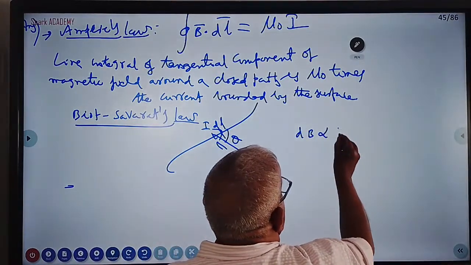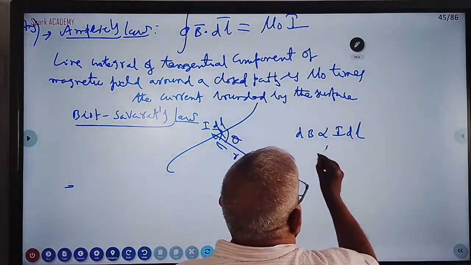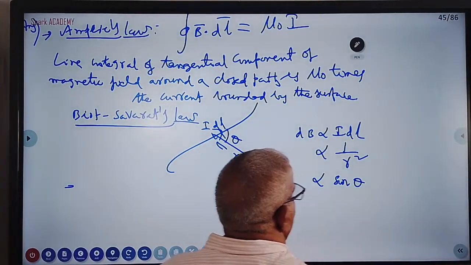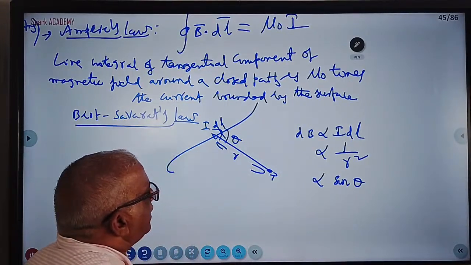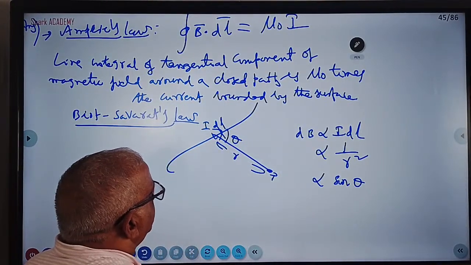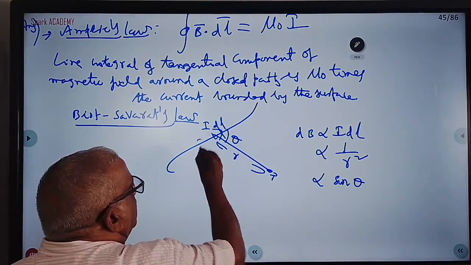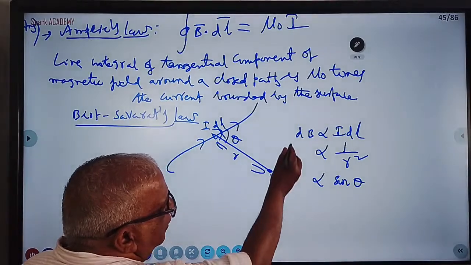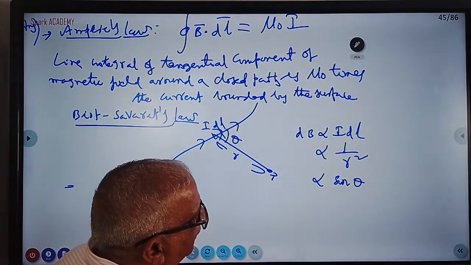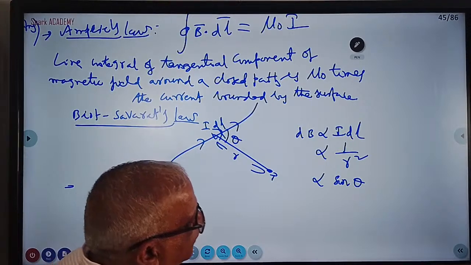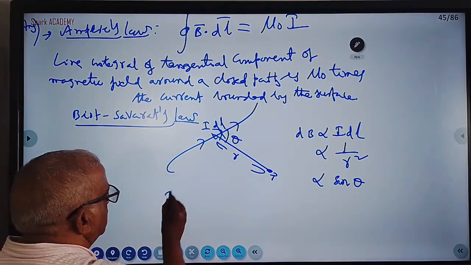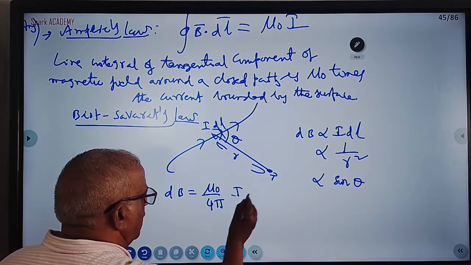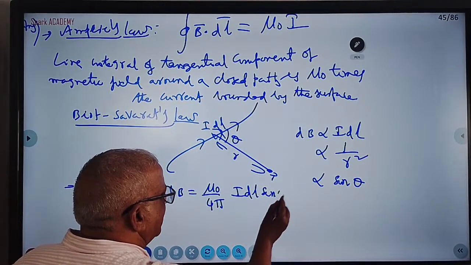Small magnetic field is proportional to current, inversely proportional to square of the distance, directly proportional to sine theta. What is theta? Angle between I dl and r. dl is small element of a wire carrying a current. r is the distance of the point. So dB, small magnetic field, is proportional to I dl, proportional to 1 by r square, proportional to sine theta. Therefore, dB will be equal to proportionality constant times I dl sine theta by r square.